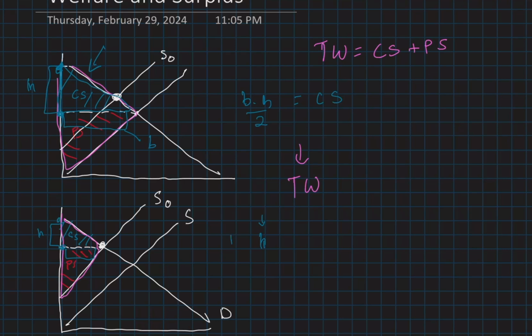So base is also decreasing. So base times height divided by 2, we know that consumer surplus for sure has to be going down. Does that make sense to everyone? It's because both of these are decreasing. Okay? So if total welfare is equal to consumer surplus plus producer surplus, consumer surplus is also decreasing. So we know that's true.